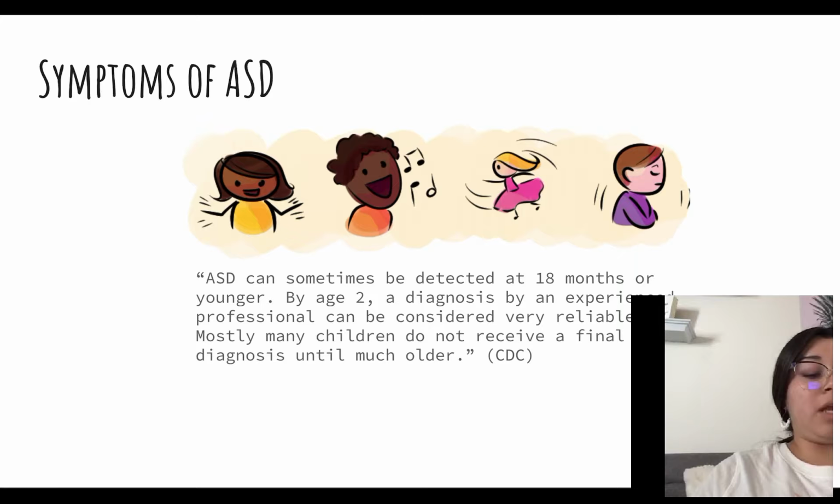Examples of communication issues are delayed speech and language skills, echolalia, repeated words, and not pretend playing. Another symptom is unusual interests and behaviors, such as obsessive interests, flapping hands, rocking the body, or spinning in circles, known as stimming.